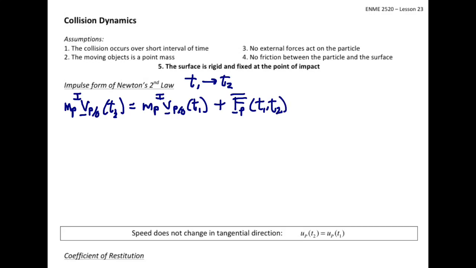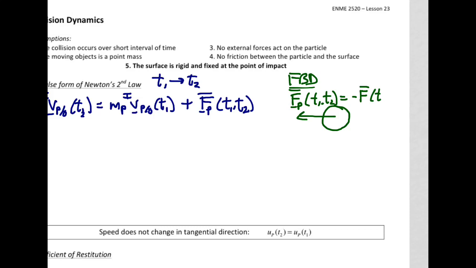And so to complete this, we need to have a free body diagram of our particle. And so here we see that the force acting on this particle, using our collision frame, our impulse from time 1 to time 2 is equal to the negative impulse, the magnitude, time 1 to time 2, in the e_n direction.